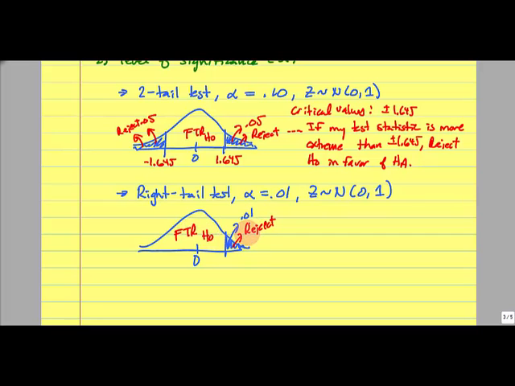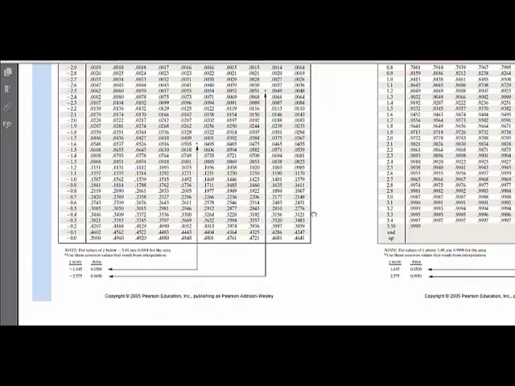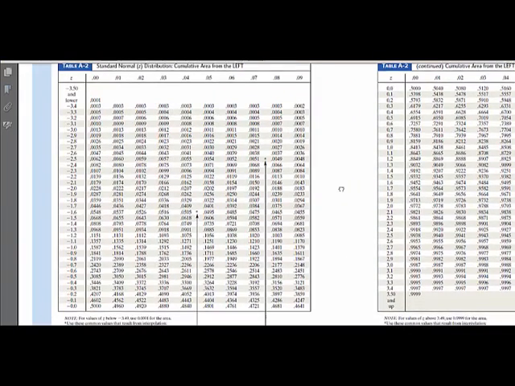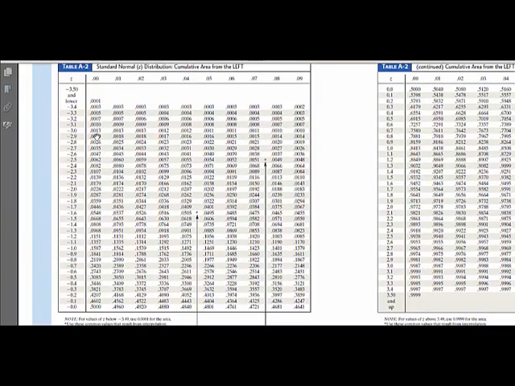Now, in order to find this 0.01, there are several things I can do. On my normal tables, I could use symmetry and look up 0.01 on the left-hand side. Let's get as close as we can here. The closest I can get to 0.01 is right here at negative 2.33.